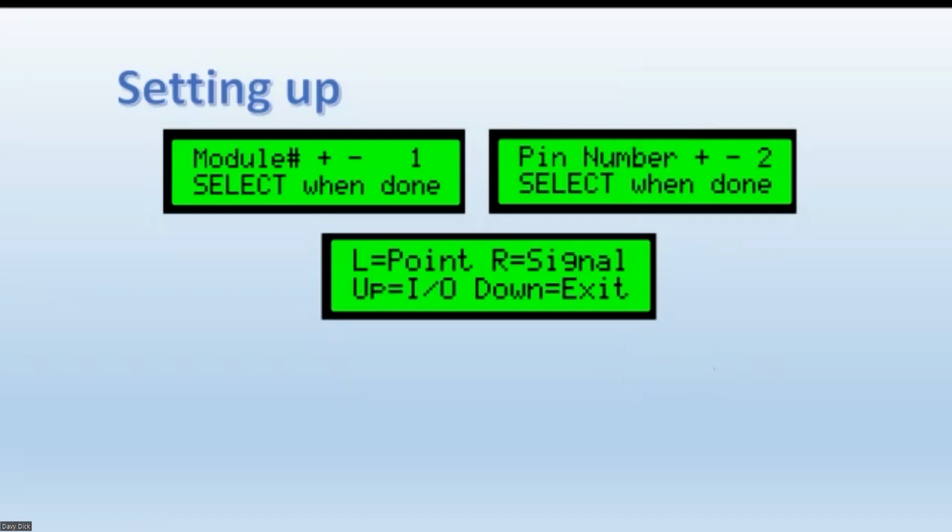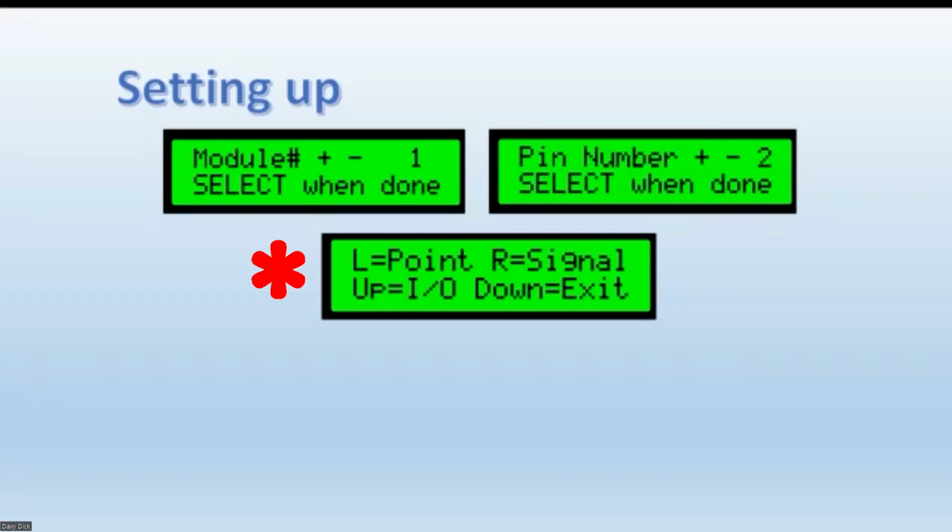Well, first of all, you can decide which module you want to change. This example says, look at module 1, and your up and down buttons can make it module 2, 3, 4, whatever. And when you've picked the module you want, you choose which pin you want to configure. And again, the up and down button will make it pin 1, pin 2, pin 3, whatever. So you've picked the module you want to configure, you've picked the pin you want to configure, and then what type.